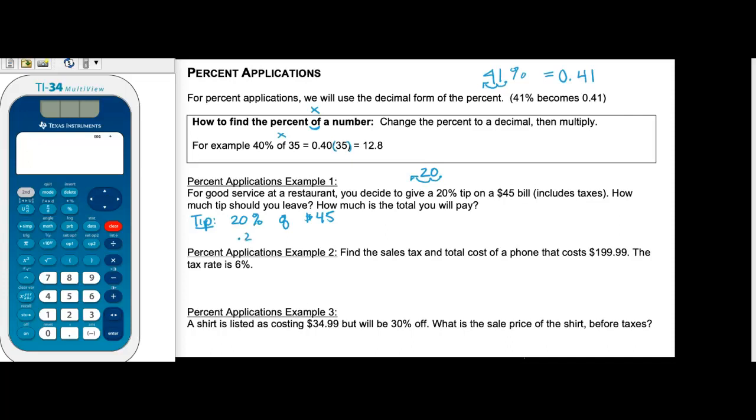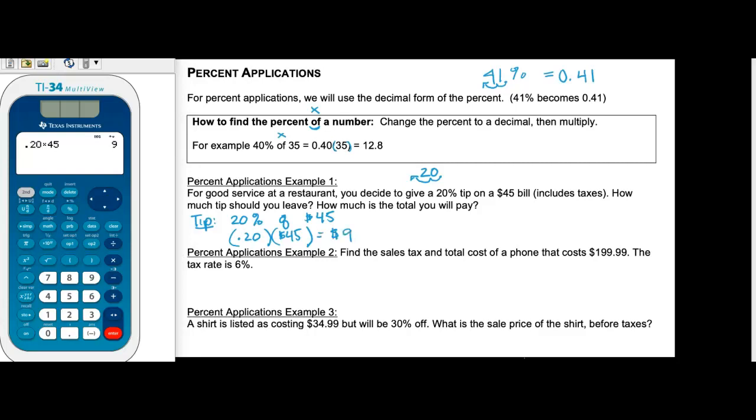So we get 0.20. Of means times, so I'm going to write parentheses indicating multiplication, and then times $45. Then 0.20 times $45 gives me $9. So $9 is my tip.